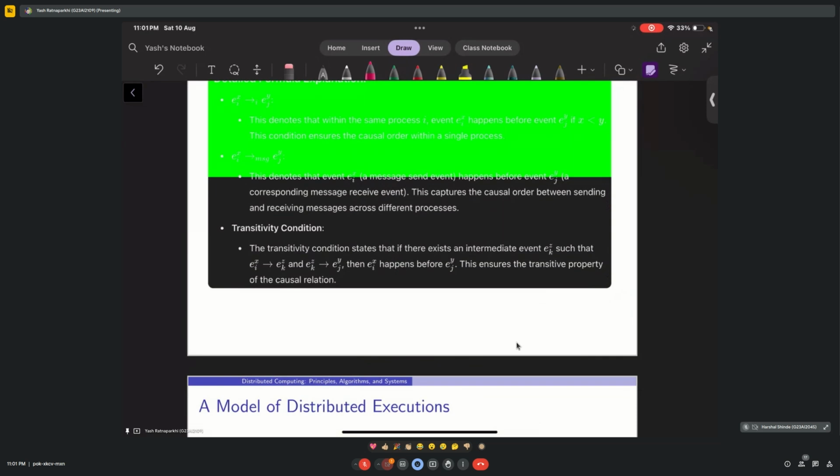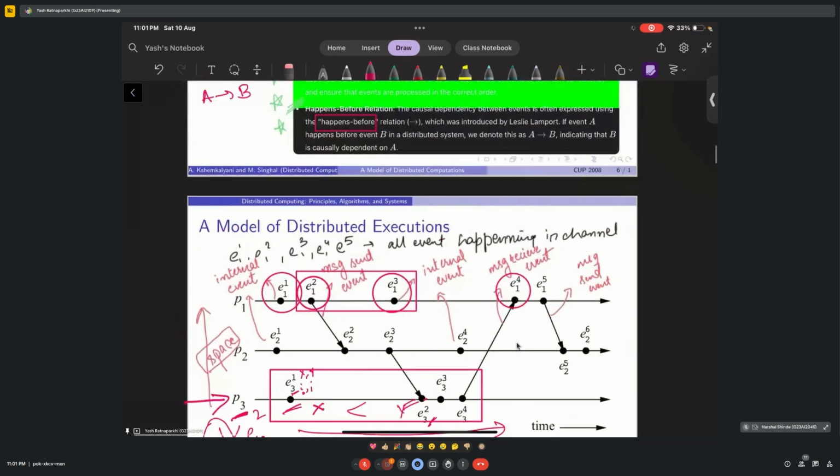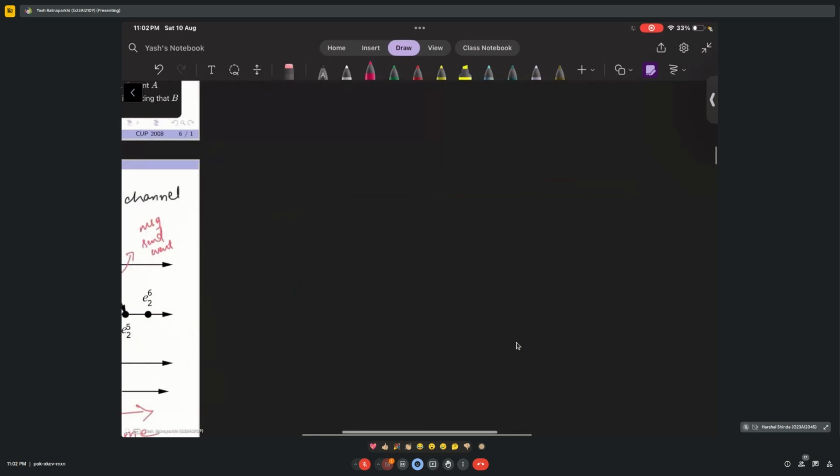The transitivity condition states that if there exists an intermediate event e_k^z such that e_i^x gives e_k^z and e_k^z gives e_j^y, then e_i happens before e_j. So basically, I'll just summarize: there are three lines, 1, 2 and 3.